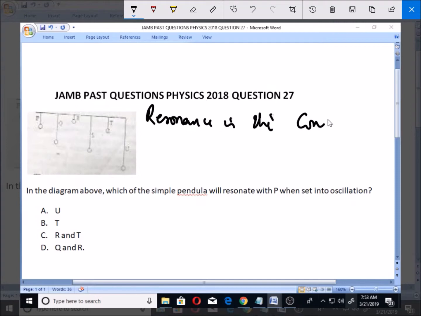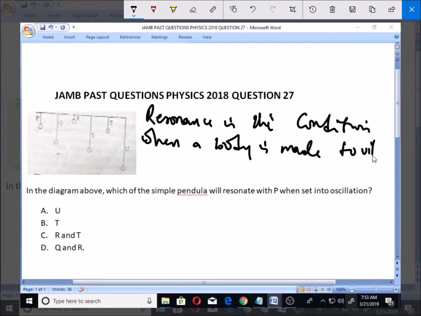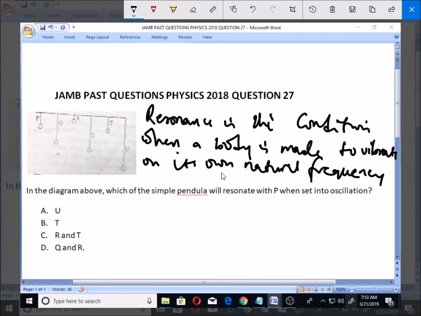Resonance is that very condition when a body is made to vibrate on its own natural frequency by an external vibrating body, by another body that is vibrating. Then you have resonance.